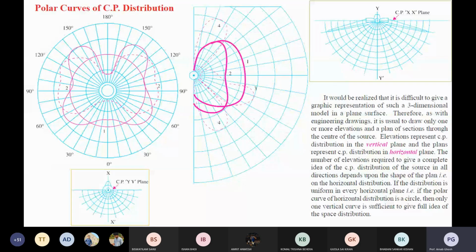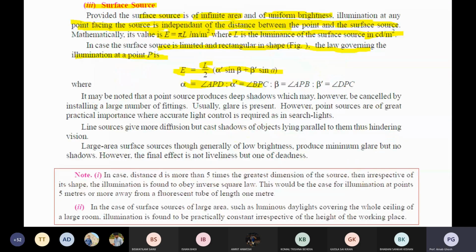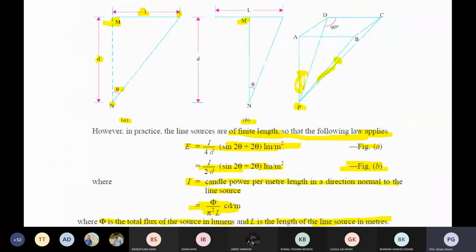Beta equals angle APB, so it is your beta angle. Angle DPC will be your beta dash. So you can understand, if it is alpha, the opposite one is alpha dash, the upper one is beta, and the lower one is beta dash, like a pyramid.